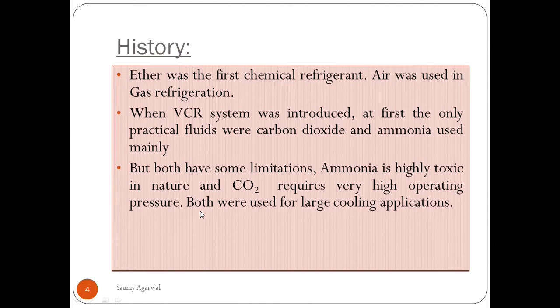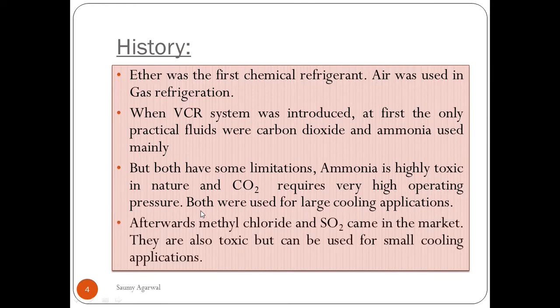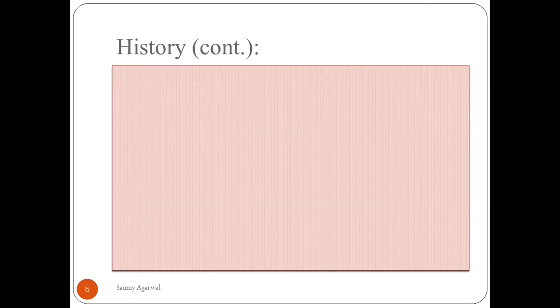So these were used for large cooling applications like in the meat industry or the food industry earlier in the 19th century. Then afterwards there was the introduction of methyl chloride and sulfur dioxide. They are also toxic, but they could be used for some small cooling applications also, like domestic cooling.